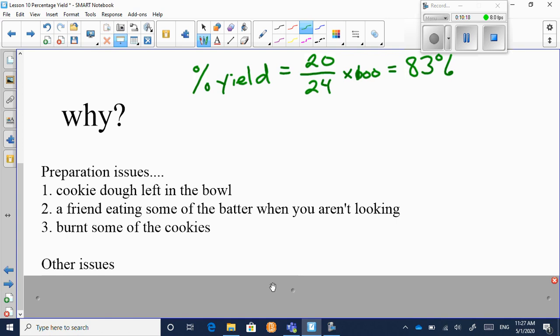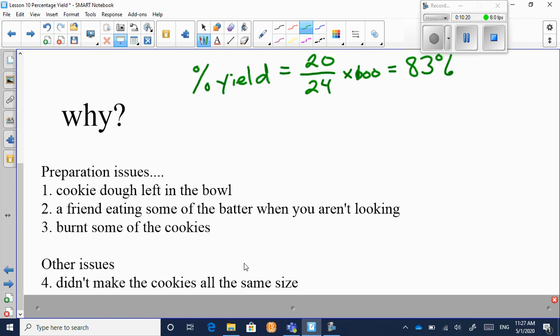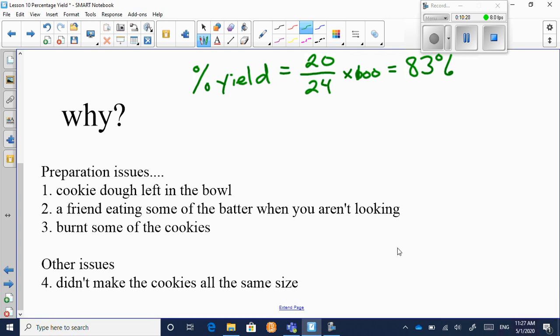I listed one other issue, I think. Yeah, let's say that theoretical yield is based on making a standard size of cookie, and let's say you didn't make all the cookies the same size. Maybe you made some of them bigger, and so that clearly may limit your yield. Now, it could also increase your yield if you made them all really tiny, but basically it's a reason why you don't get the theoretical yield.